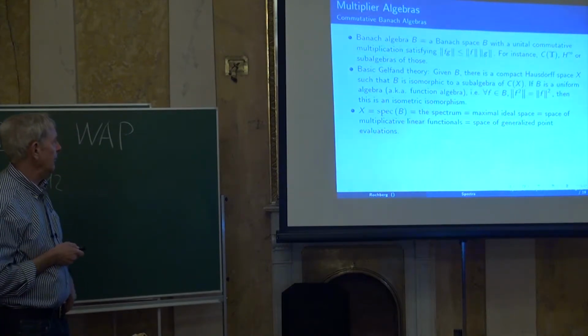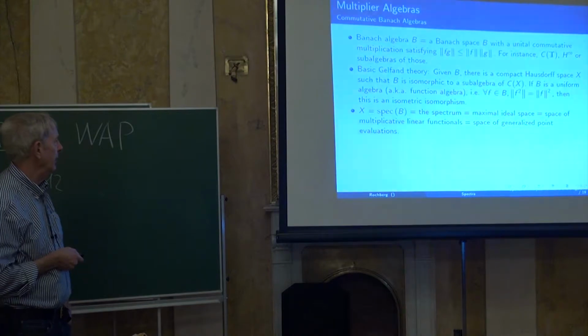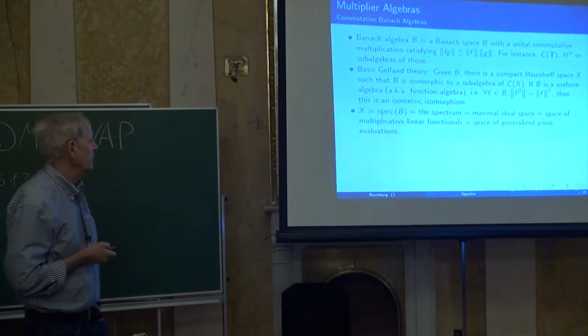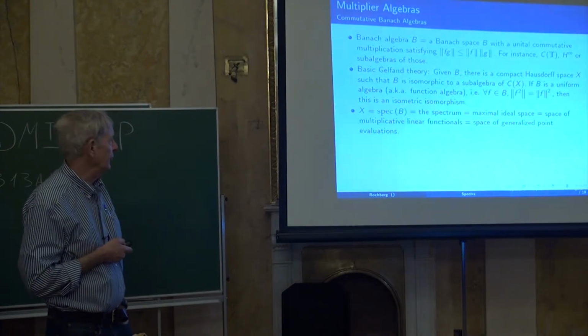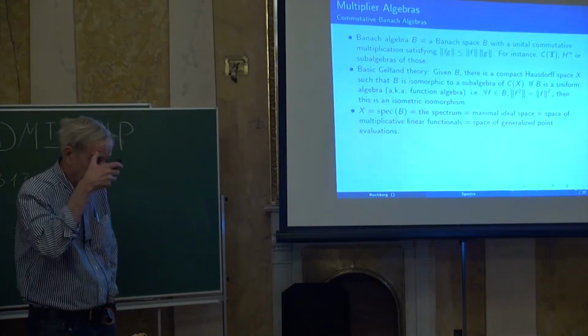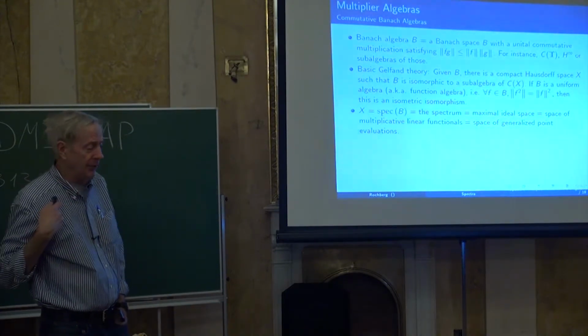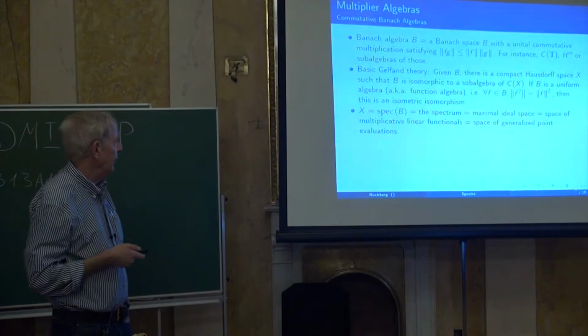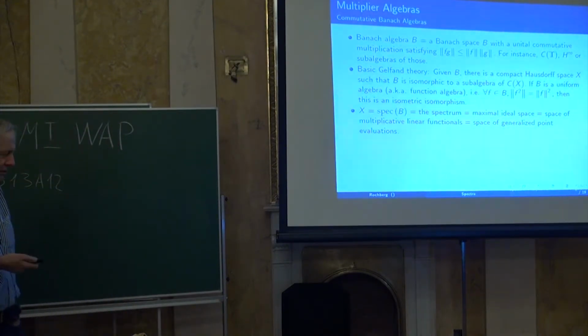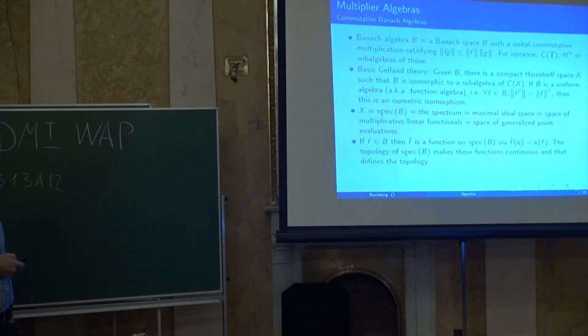Associated with any Banach algebra is something called the spectrum of the Banach algebra, also known as the maximal ideal space. It's the space of multiplicative linear functionals given a certain topology. If you're not familiar with this, you should think of it as the space of bounded point evaluations together with generalized point evaluations. The generalized point evaluations are obtained by some limiting process and are generally not easy to specify completely or explicitly.